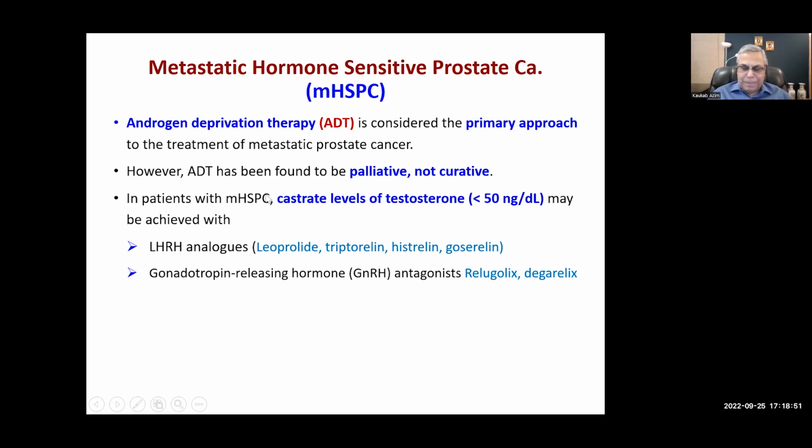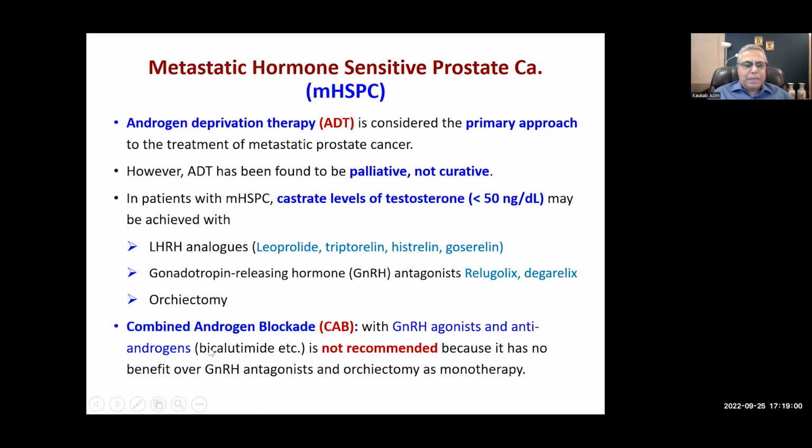So this is a part of androgen deprivation therapy. We can do orchiectomy that I have explained, remove both the testes surgically. Now we can give a combined androgen blockade therapy, which is combining GnRH analogs with androgen receptor blockers, bicalutamide or enzalutamide.